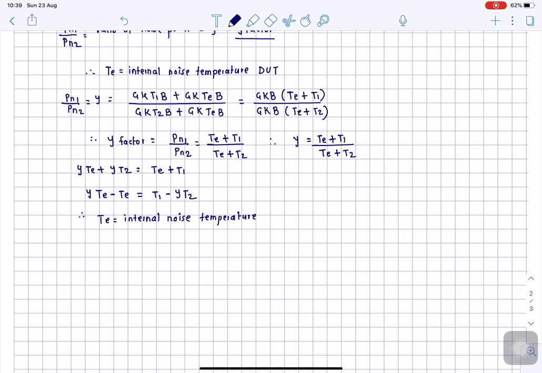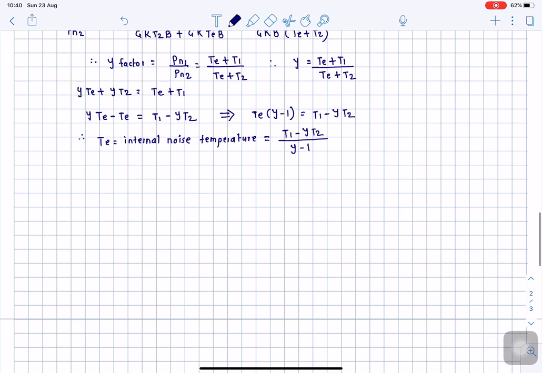So how can this be written? If we take out Te common, I get Te times Y minus 1 is equal to T1 minus Y T2. Therefore, Te is equal to T1 minus Y T2 divided by Y minus 1.